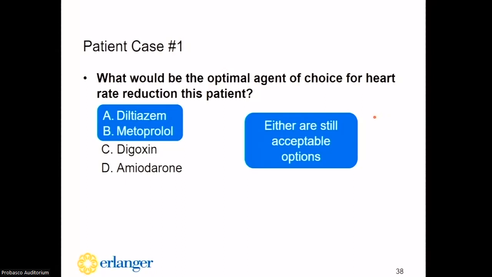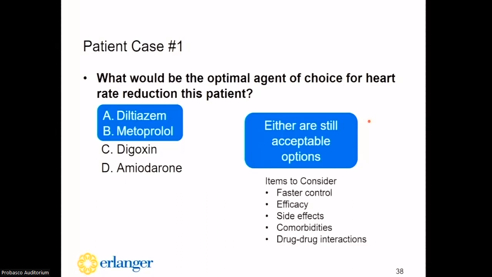You would base it off of what your goals were for treating that patient, other concomitant medications, drug-drug interactions with diltiazem, and considering in which patients you may want to achieve that heart rate goal faster, compared to others where you would be more lenient in waiting for that heart rate control.